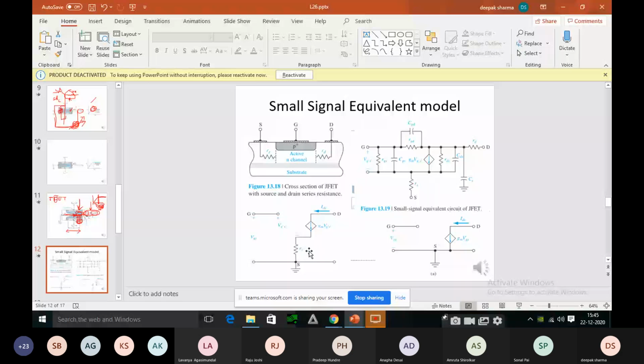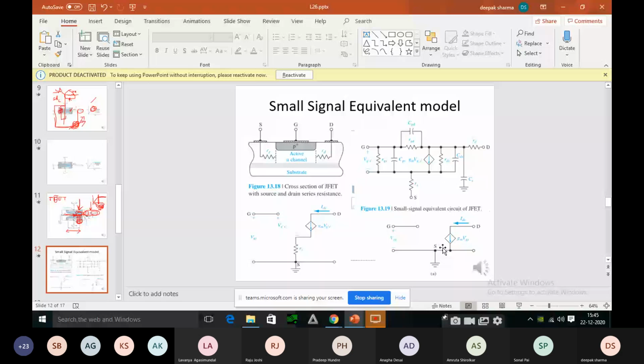But again, if you try to simplify, you can ignore this RS. If you ignore this RS, then your diagram will look like this. Between gate and source, nothing. Between drain and source, only the constant current source.